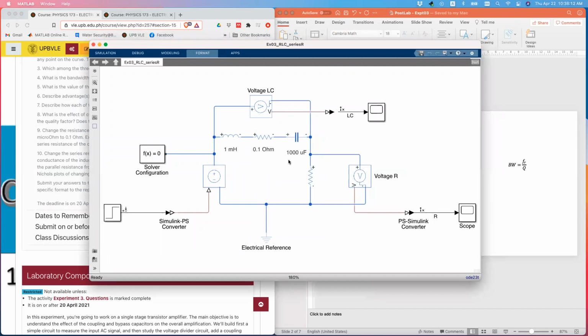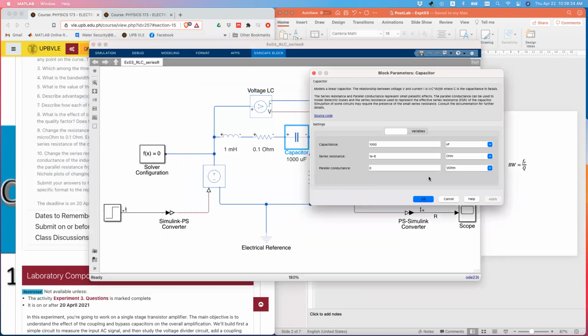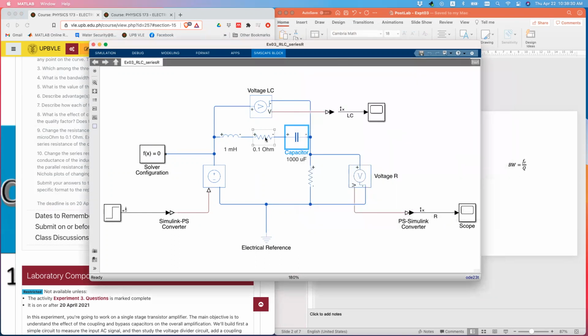So kung titignan nyo, kung i-click natin tong capacitor, yung properties niya, at kung maghihintay tayo ng konti pa. So dito, ang series resistance niya is 1 times 10 to the minus 6 ohms. Okay? So, ang gawin muna natin is tanggalin natin muna ito. Disconnect natin itong series resistance. Okay?